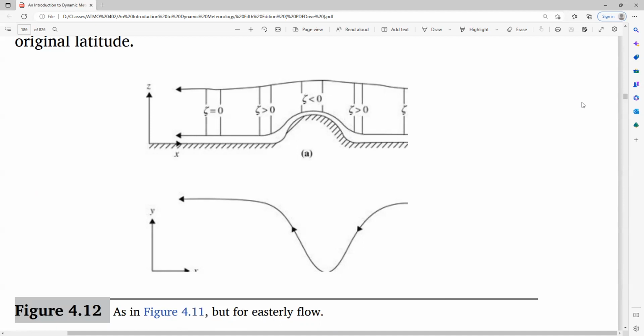Again, the western flow and the eastern flow, the characteristics will be different, because for the western flow, if we curve to the north, you get cyclonic twist, and you also increase the planetary vorticity. And the eastern flow is just the opposite. So we talked about the western flow last time.